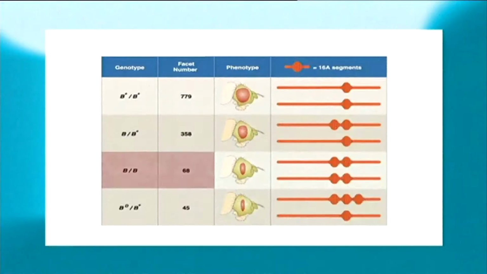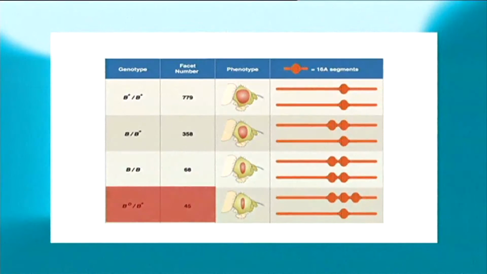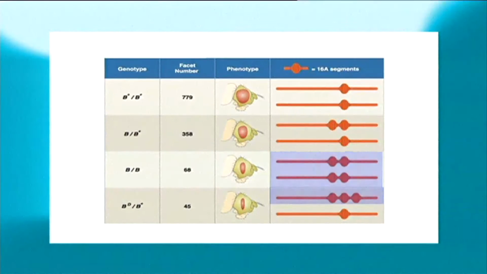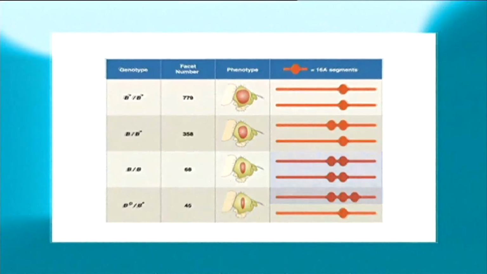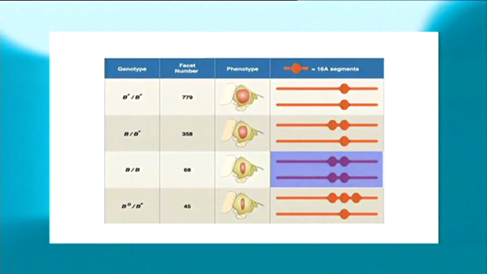In this case, it was also observed that when the eye facet phenotypes of BB and BDB plus flies are compared, an average of 68 and 45 facets are found respectively. In both cases, there are two extra 16A regions. However, when the repeated segments are distributed on the same homologue instead of being positioned on the two homologues, the phenotype is more pronounced.